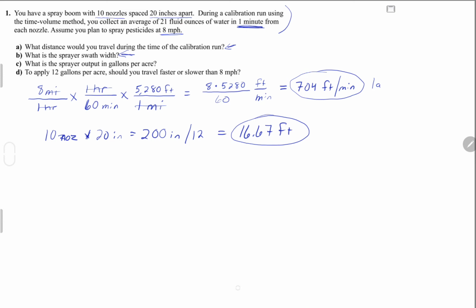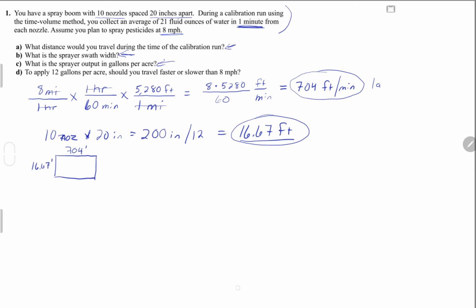And then what I typically like to do when I'm doing these calibrations is, because the next question is going to be the final answer, which is the sprayer output in gallons per acre, I like to just draw myself a little diagram to help me visualize what's going on here. If we look at this as an area, because we're wanting to get volume per area, we know that our theoretical calibration run length is 704 feet, and we know that our swath width is 16.67.